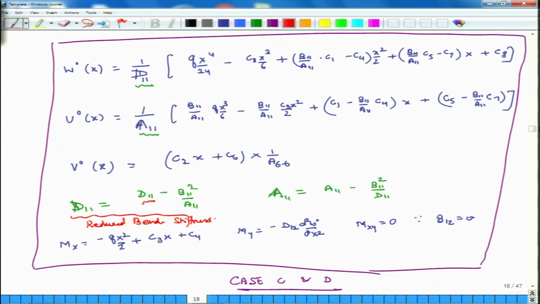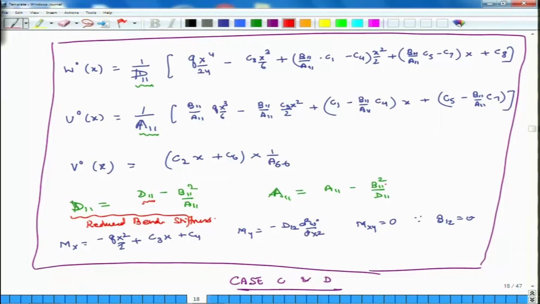Once it reduces the stiffness, the plate bends more. Okay. The same thing also happens to script A11. Its value is A11 minus B11 square by D11. So, here also the value of u tends to become larger because of presence of B matrix. So, this is what I wanted to discuss today. Tomorrow we will start implementing the boundary conditions and see what the actual solutions look like. Thank you.